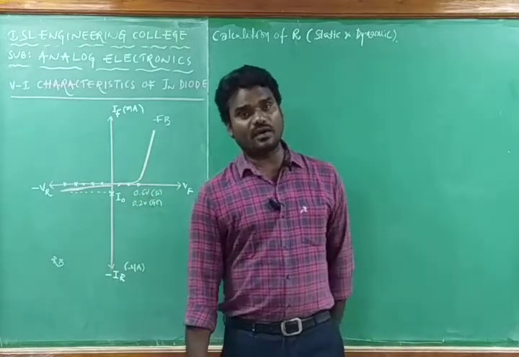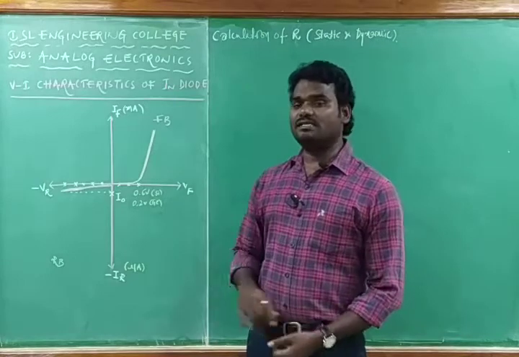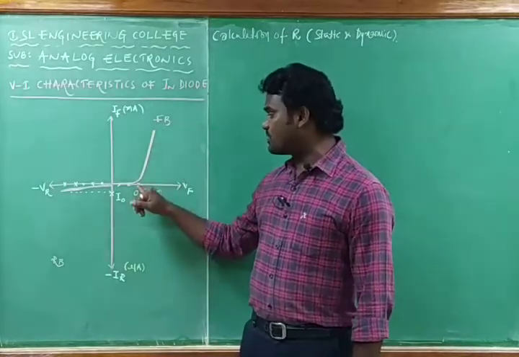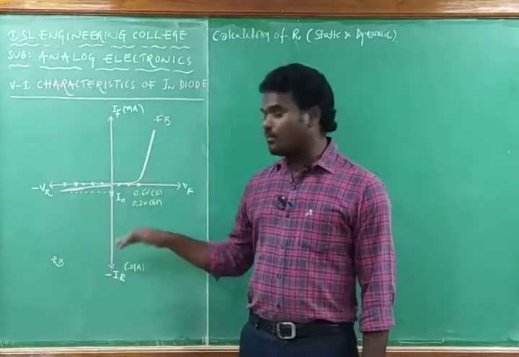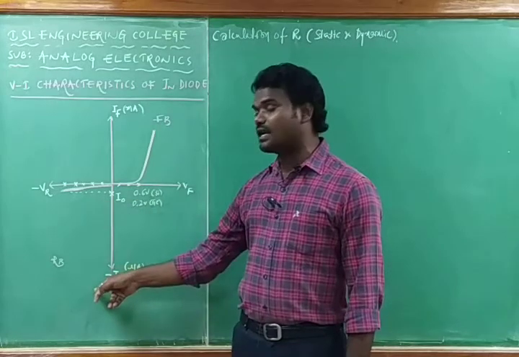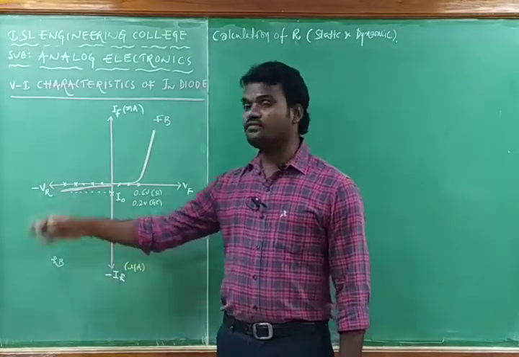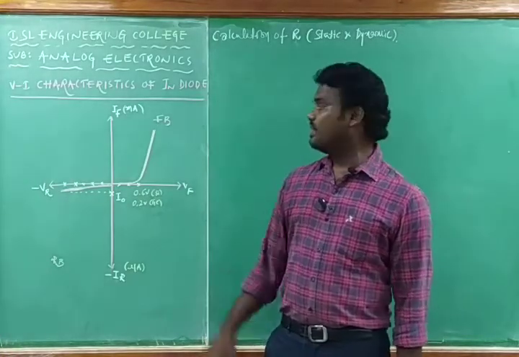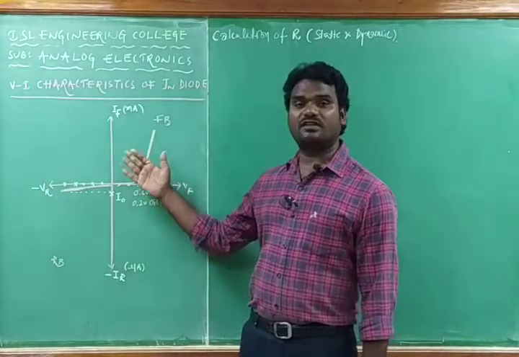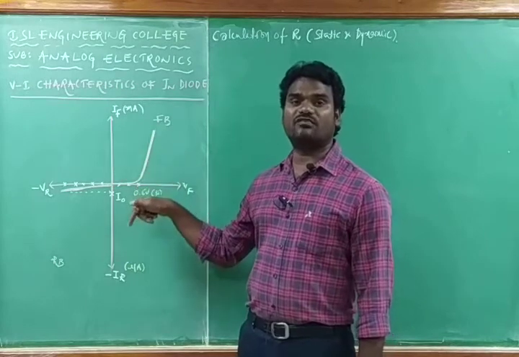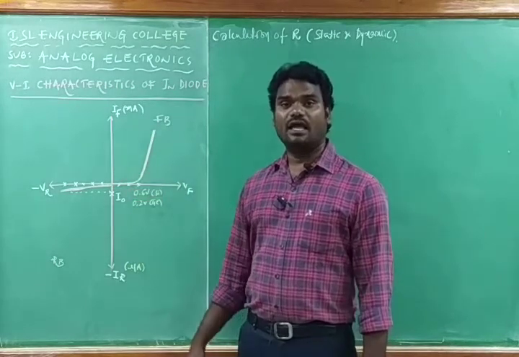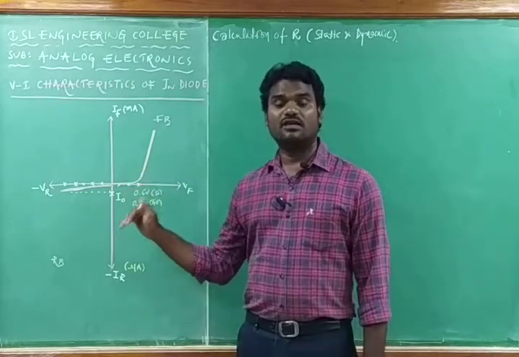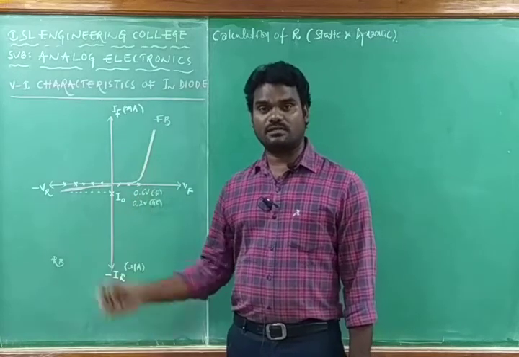The important point here is that the PN junction diode conducts milliamps of current at 0.6 volts only, whereas in reverse bias it conducts only microamps of current at 5 or 6 volts. So we can conclude that the PN junction diode offers less resistance in forward bias for current conduction, and a huge resistance in reverse bias.